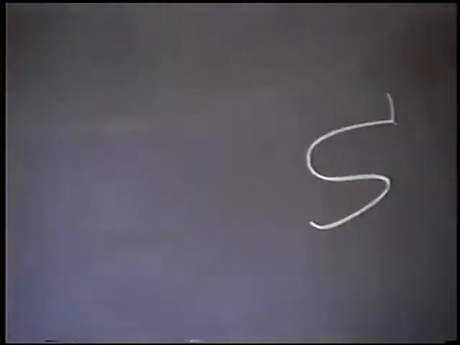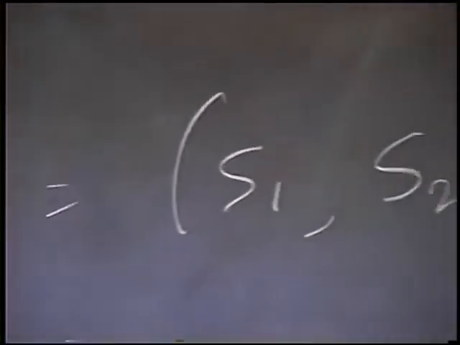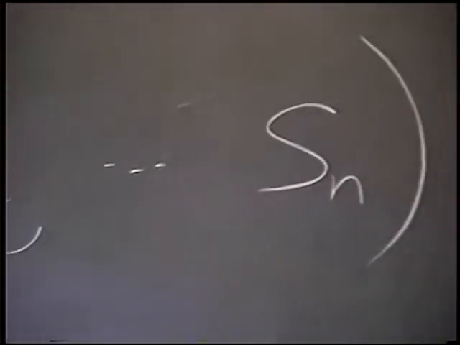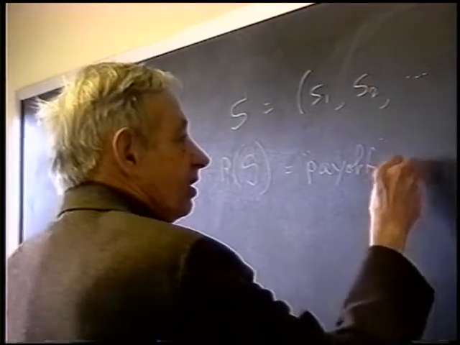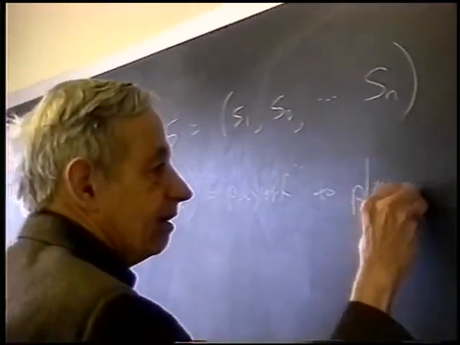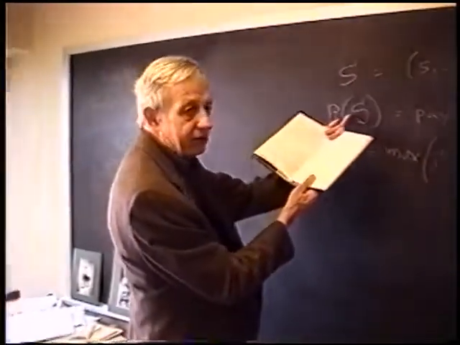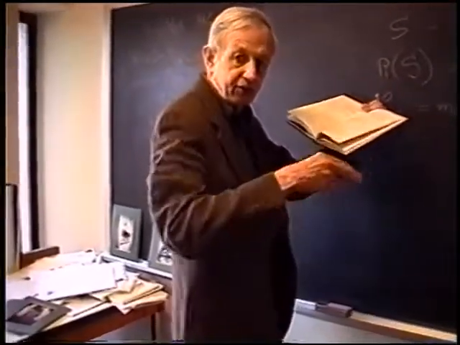Let S be an n-tuple of mixed strategies. This means these are n players in the game. Then πi of S is the payoff to player i.